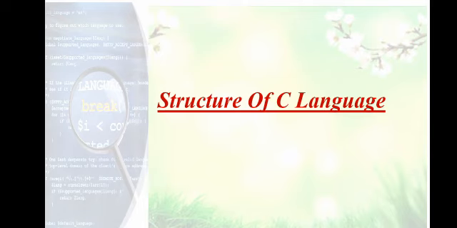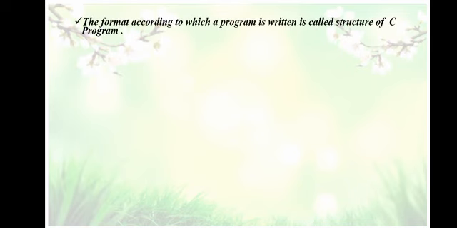Then what is the structure of C language? The format according to which a program is written is called the structure of the program. The format we use to write a program is the structure of a C program. First comes preprocessor directives.